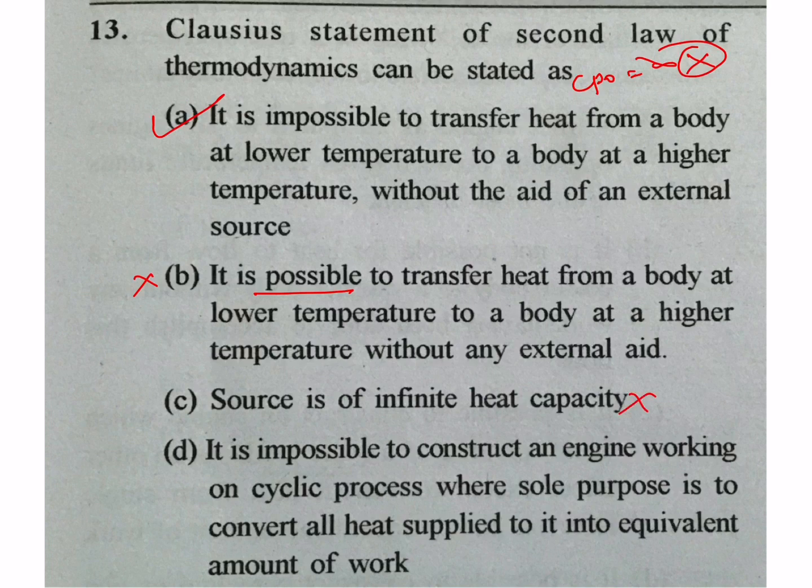It's impossible to construct an engine working on a cyclic process whose sole purpose is to convert all heat supplied into an equivalent amount of work. It is impossible. This one is the Kelvin-Planck statement. 100% transfer of heat into work is not possible.